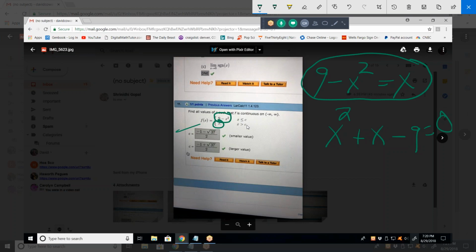And that would be because one of them is a parabola and one of them is a straight line. The bottom one looks like this, but the top one looks like a parabola, something like this. It's upside down.